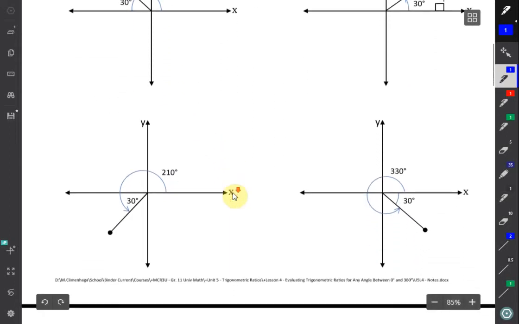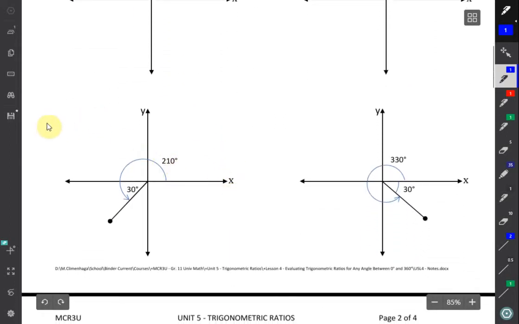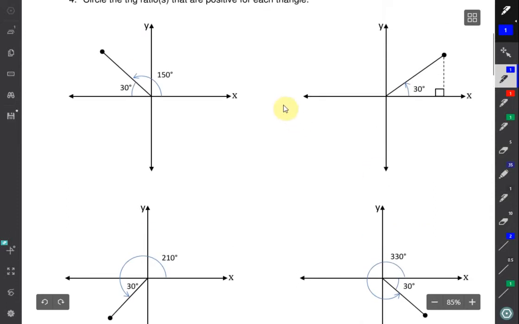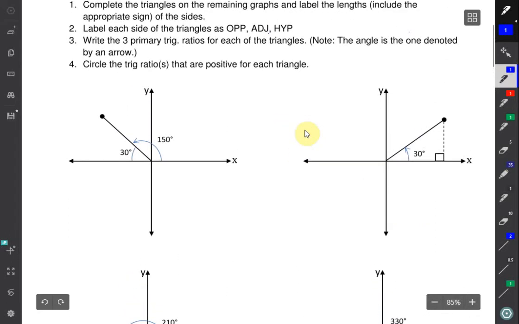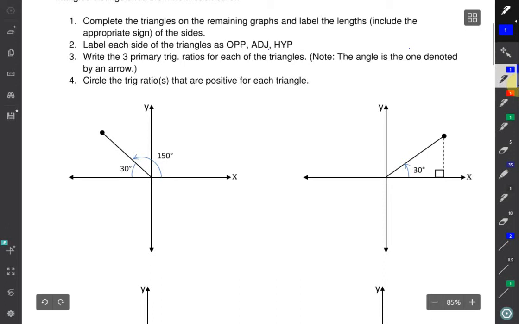The same will happen down here, the sine of 210, and then the cos of 210, etc., and the sine of 330, the cos of 330, the tan of 330, all taken from the acute triangle where this angle is called the related acute angle, and it's the reference point for the opposite, the adjacent, and the hypotenuse. So go ahead and give that a try, and then you can watch as I do it to check your answers.